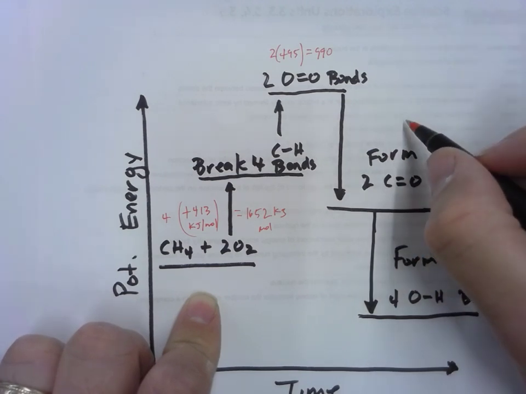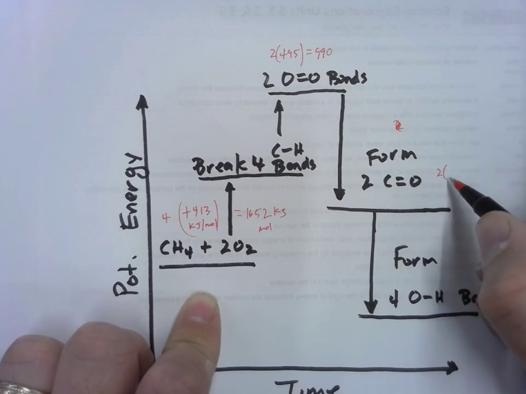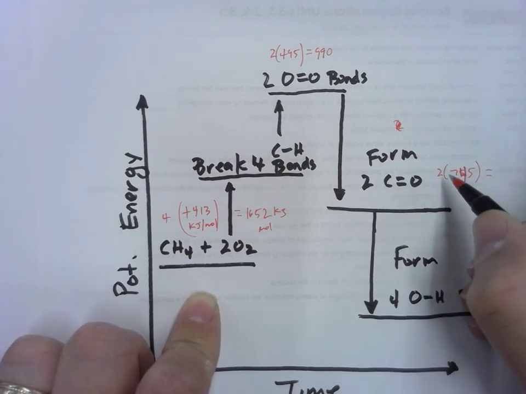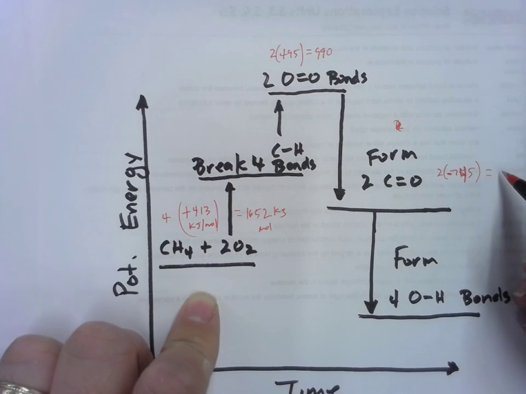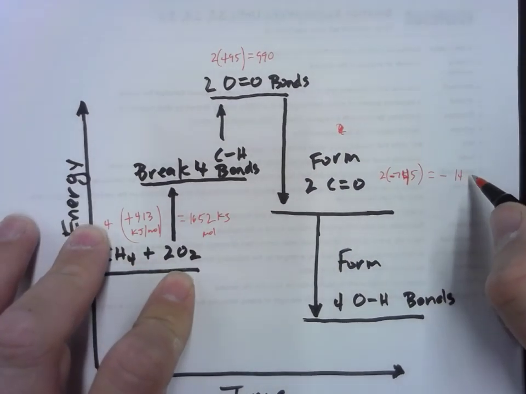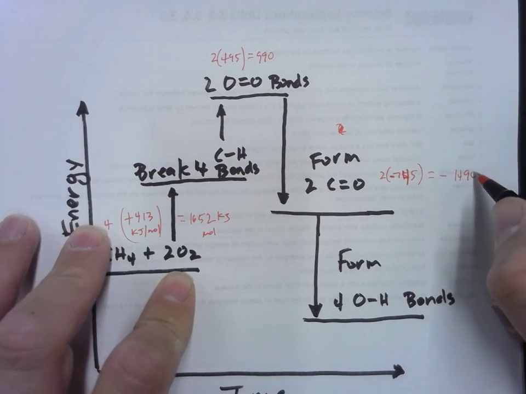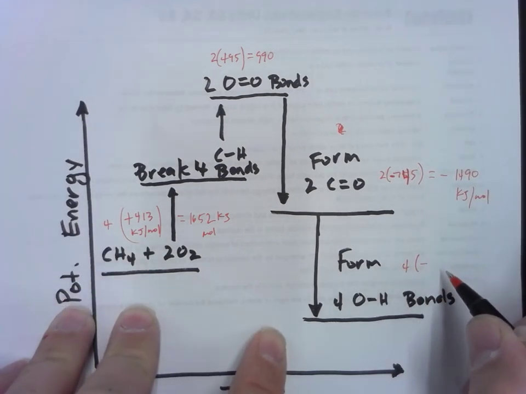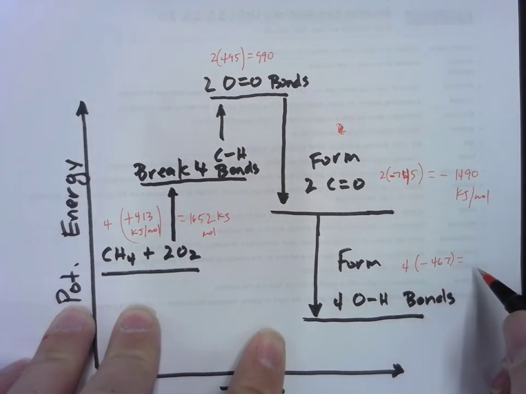That's going to be 2 times negative 745, which is negative 1490, because it's being released, right? And 4 times a negative 467, which we said was negative 1868.